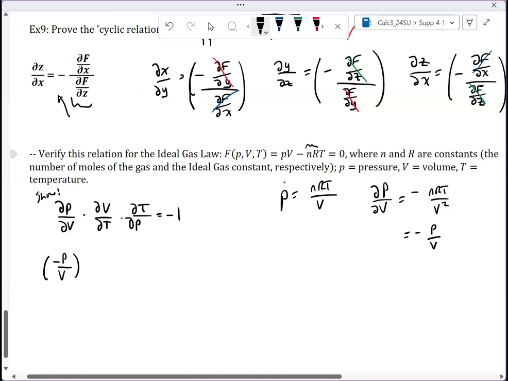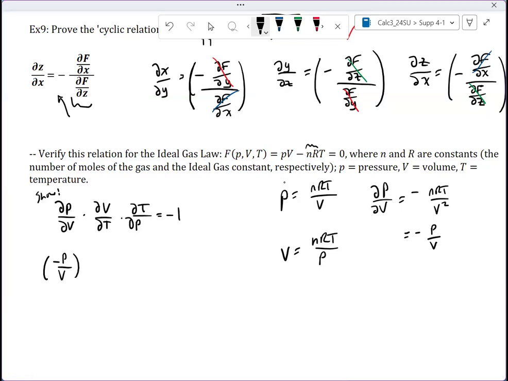Partial of V with respect to T, well, V's relationship with P is very similar, right? Just move the nRT over and divide by P instead of V. So the partial of V, but now we're taking the partial with respect to T, not P, so we have to be a little careful here.